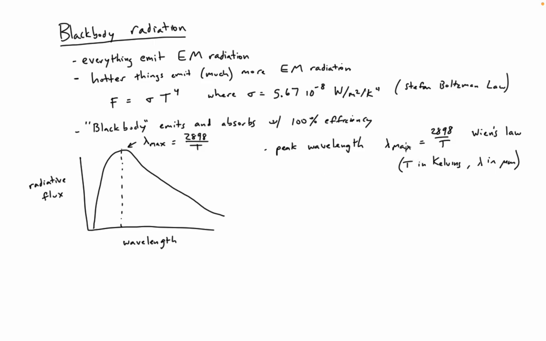So if we know the temperature of an object, we can predict what the wavelength will be dominant, and we can also predict this whole function. This is called the Planck function.